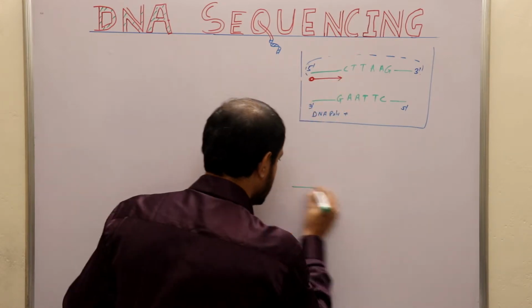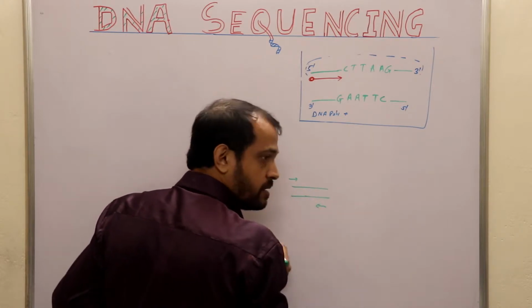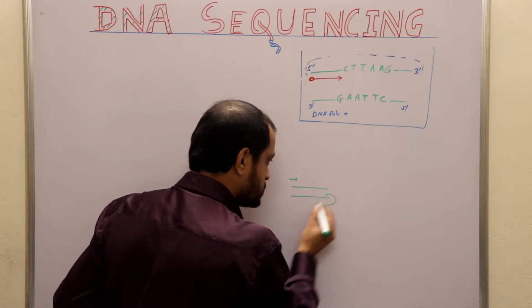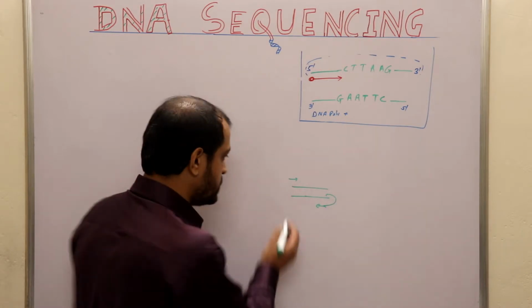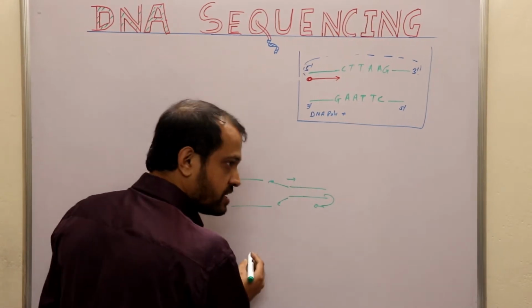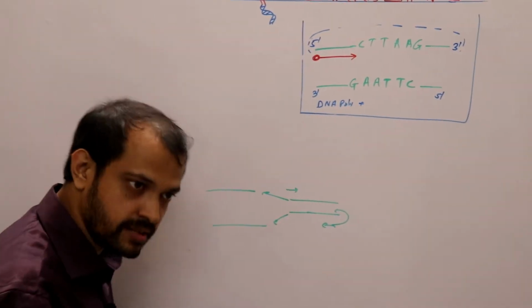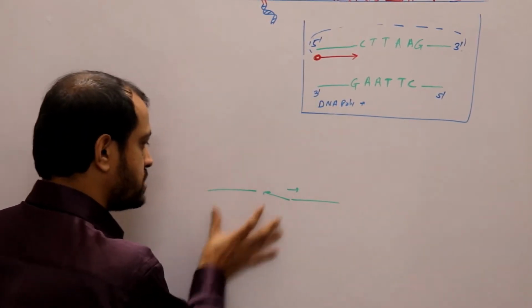Suppose this is a double-stranded DNA and there are primers, obviously, but primers will only attach to single-stranded DNA. That means the double-stranded DNA will have to denature first. For this denaturation we need heat, and this heating process is done by the thermocycler.